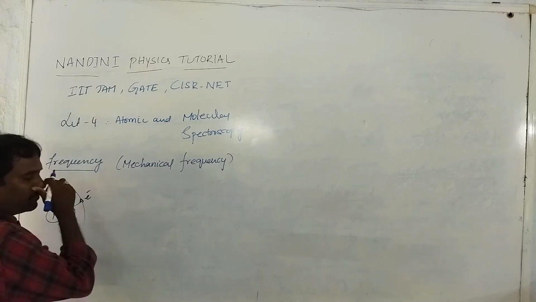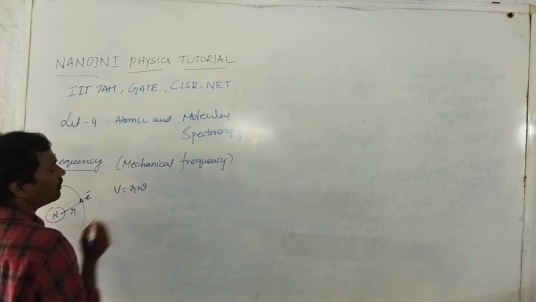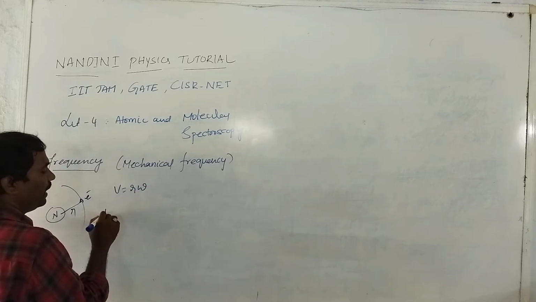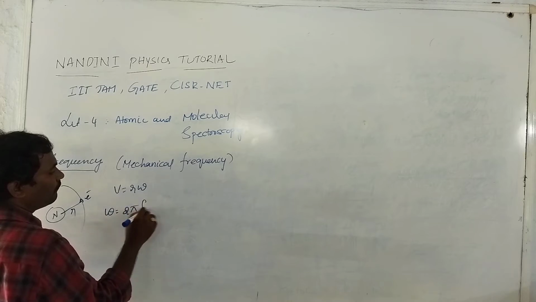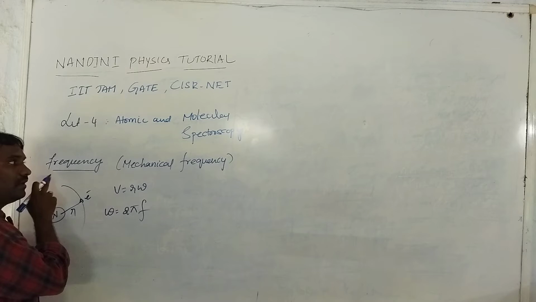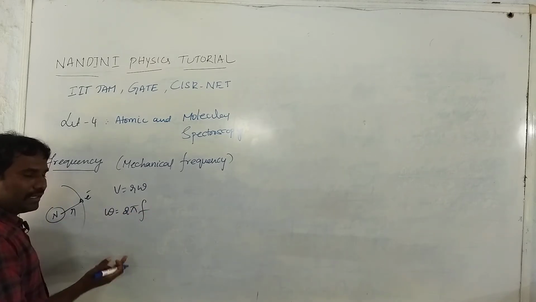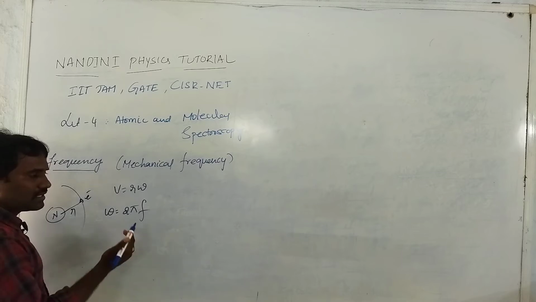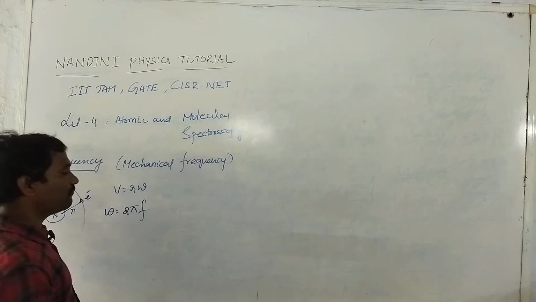What is the relation between them? That is V is equal to r omega. But omega is nothing but 2 pi f, because f is the frequency. Here I discuss only frequency, that's why I am not considering the time period. 1 by T, the reciprocal of the time period, is nothing but frequency.